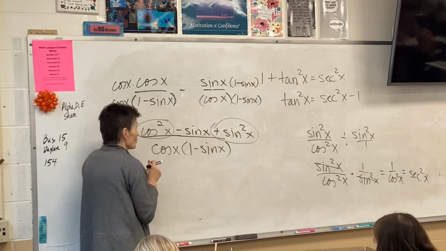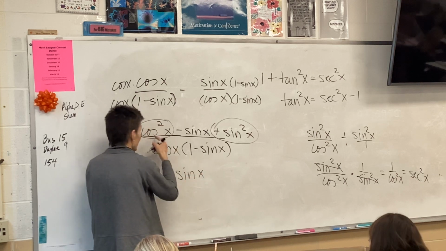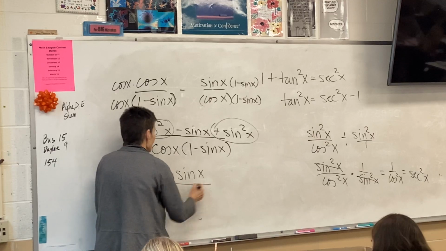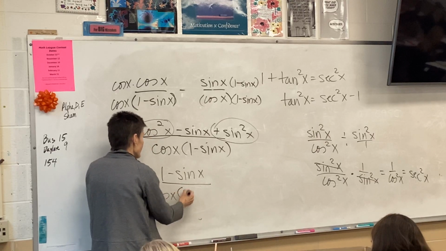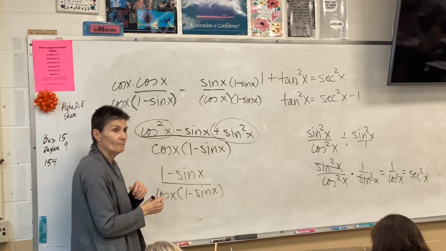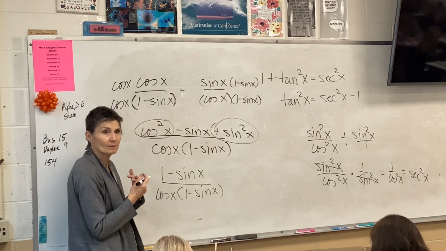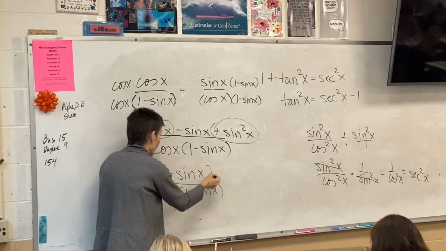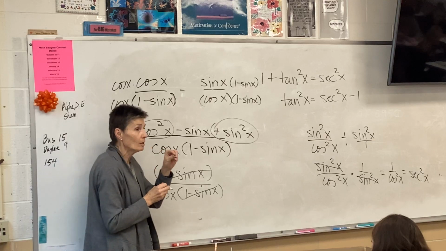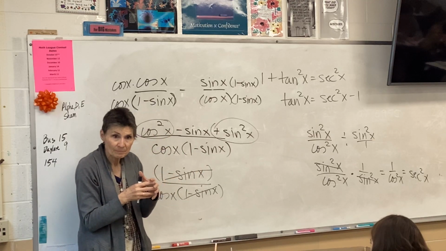So now in my numerator, I have 1 minus sine, and that's over cosine times 1 minus sine. Oh my gosh. What do you think's going to happen now? Won't these cancel? You can't cancel part of a parentheses, but you can cancel the whole thing if they match.